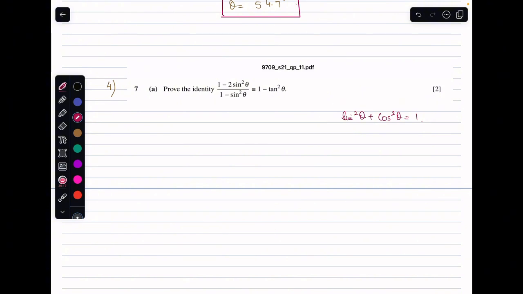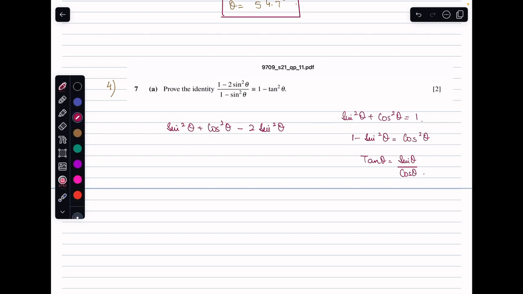Then in the denominator, I can see 1 minus sine square theta, which is cos square theta, and also tan theta equals sine theta over cos theta.